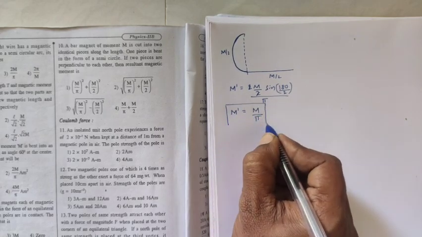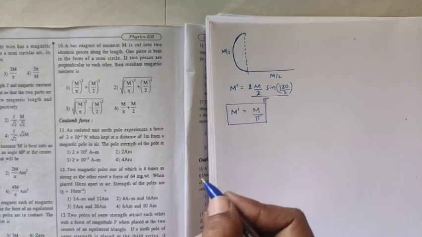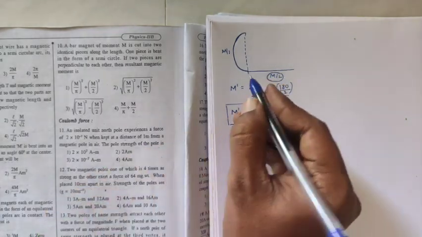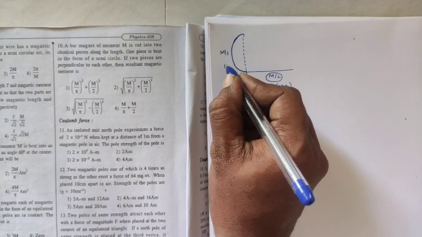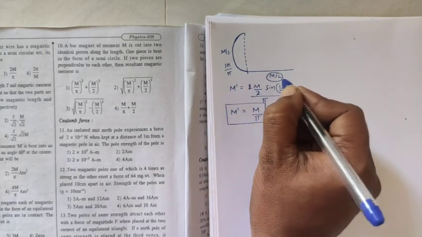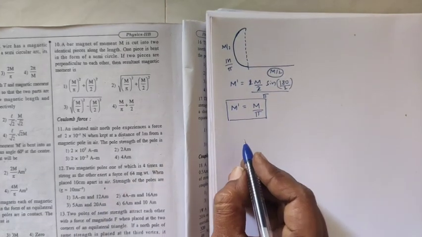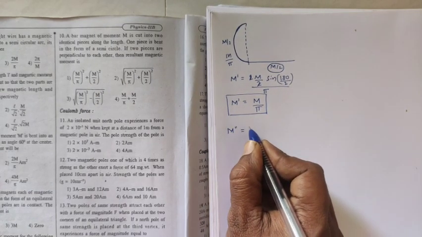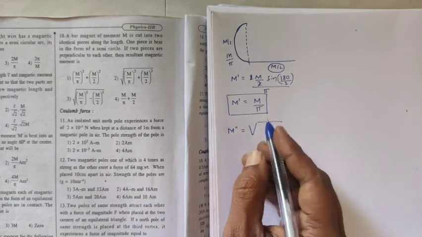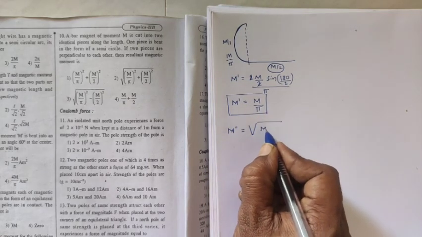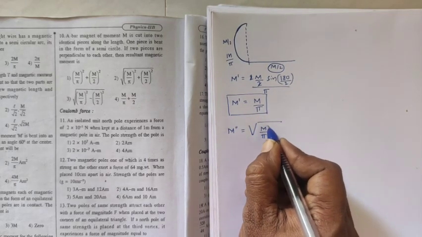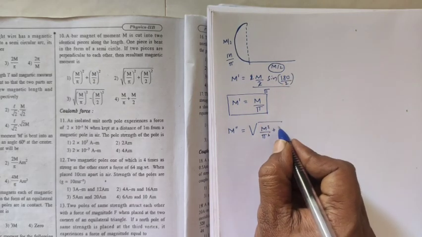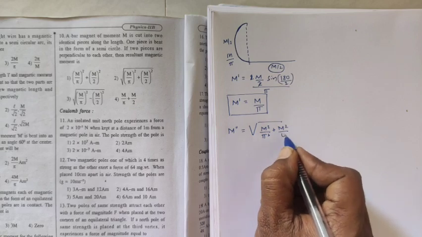What is the answer I get here? M by pi here. And the remaining bar magnet has a magnetic moment m by 2. So this becomes m by pi and this becomes m by 2. Then the resultant magnetic moment, m double dash, is equal to the square root of m by pi whole square, that is m square divided by pi square, plus the second one, m square by 4.